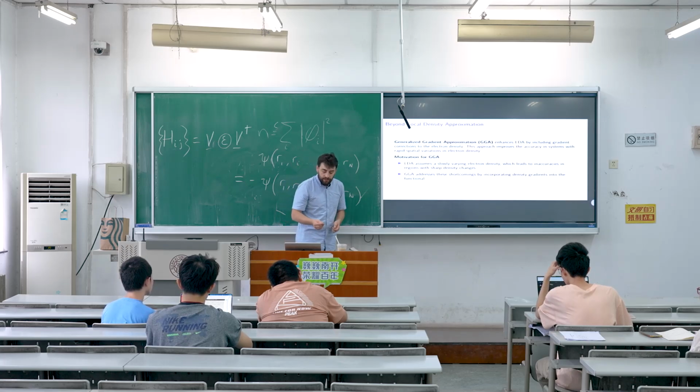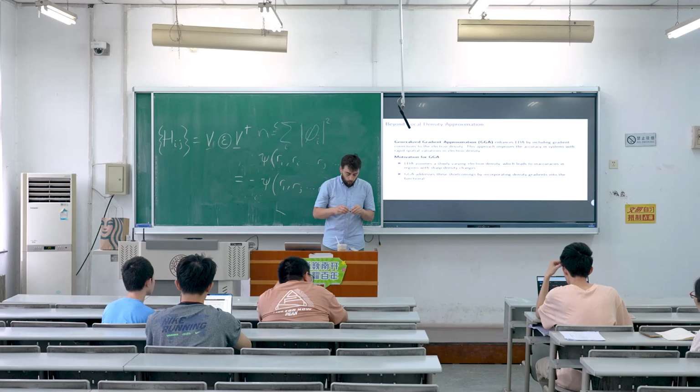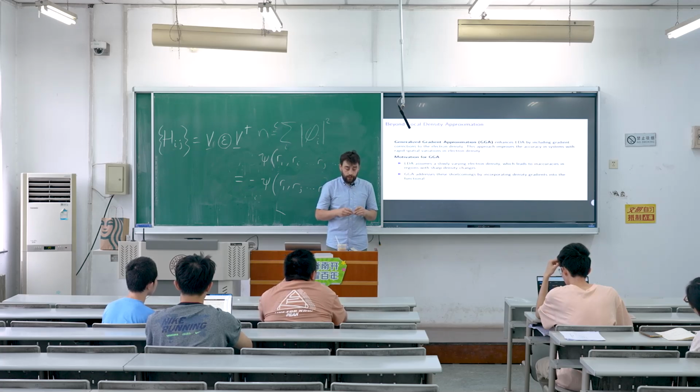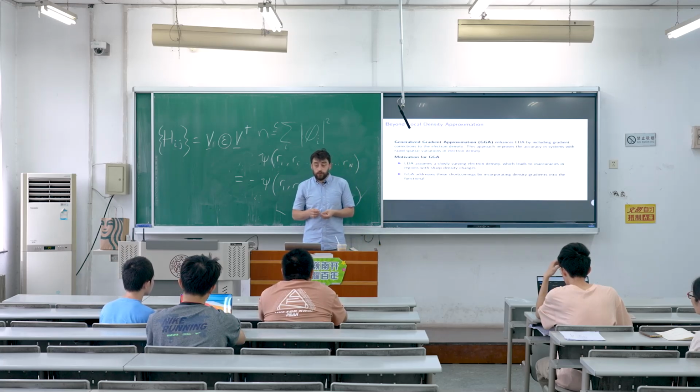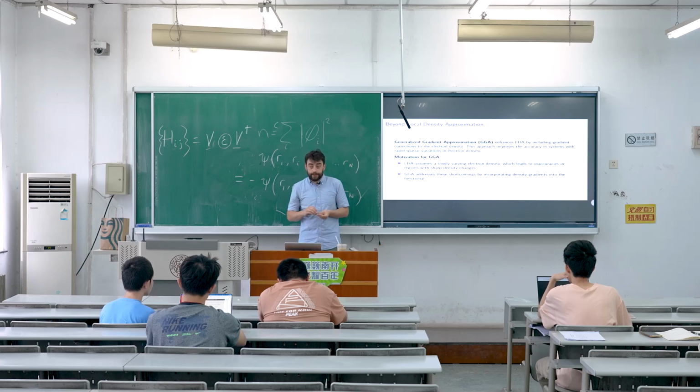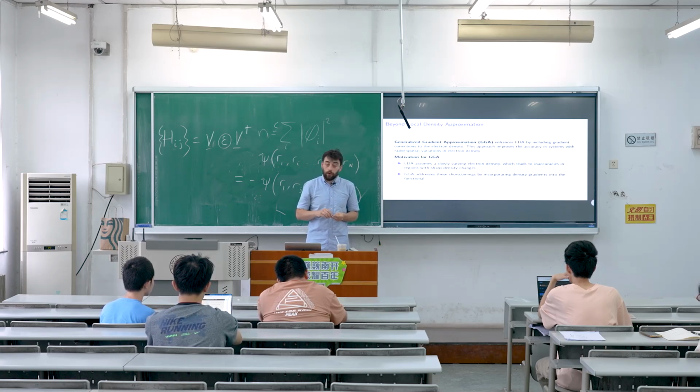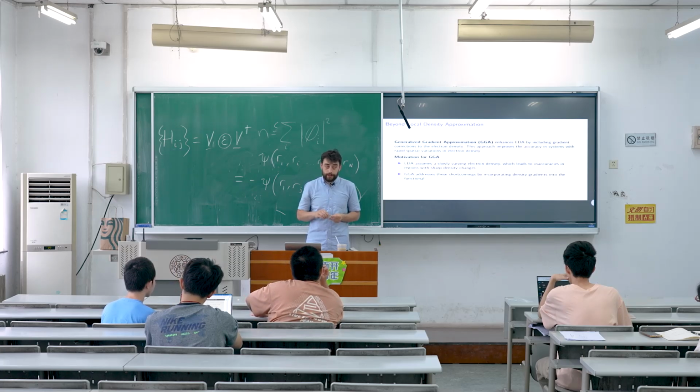So it's worth speaking briefly about what LDA is good for and what it's not good for. Most calculations you do, particularly in chemistry, are not LDA calculations. In chemistry, if you're doing calculations of organic chemistry or biochemistry, they're almost always hybrid calculations, not LDA. LDA is considered to be garbage.